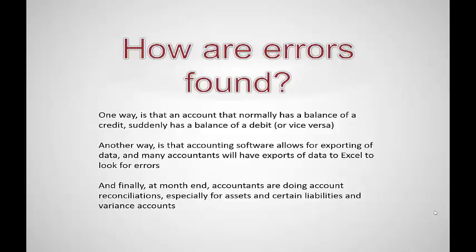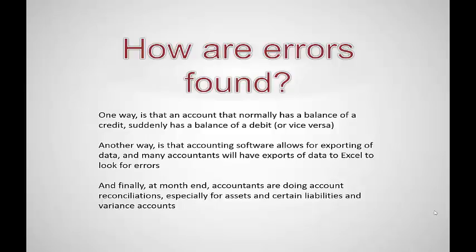Another way that you can find errors is that accounting software today allows for exporting of data. So if an accountant is responsible for some certain accounts in the chart of accounts, they can export that data, however much data there is, out into Excel, and then they can manipulate that and look for possible errors.